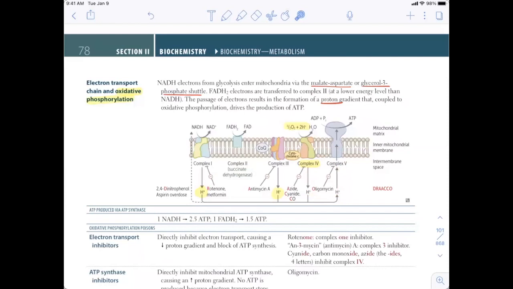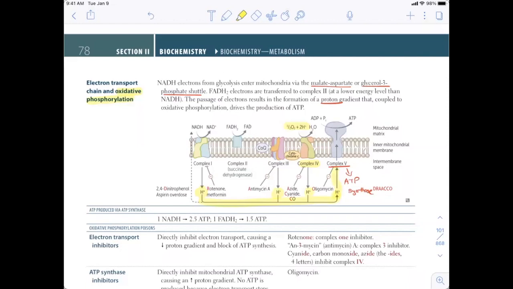And what's the final step? The final step is complex 5. Complex 5, I think we mentioned this earlier, is called your ATP synthase. All right? Because in complex 5, what's going to happen is all the hydrogen that you've been building up will then drive their way up through complex 5, right?